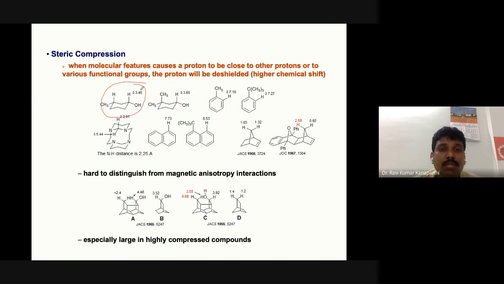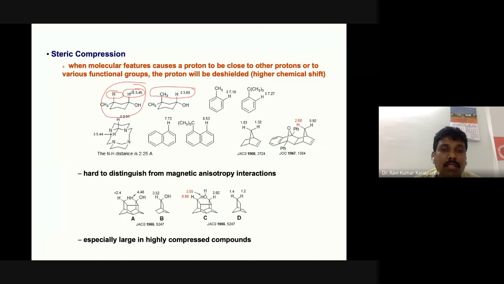One best example is this cyclohexane derivative, where the two axial protons are interacting. We have actually synthesized this molecule, and the difference between these two compounds is only this.